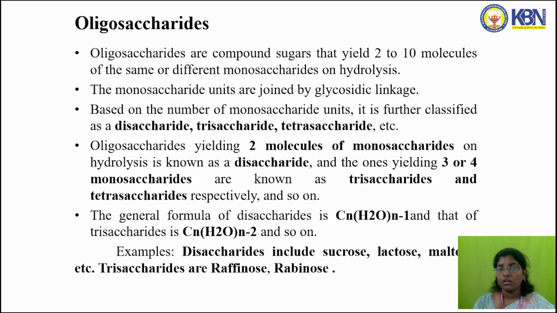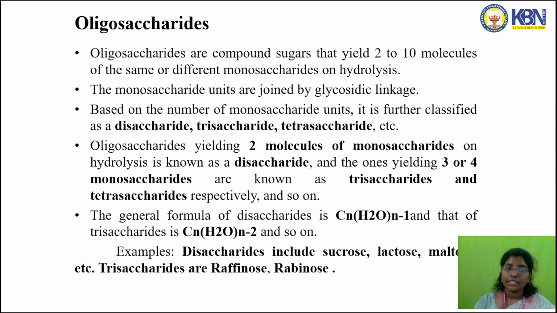Oligosaccharides yield 2 to 10 molecules of sugar, the same or different monosaccharides, on hydrolysis. These oligosaccharides are monosaccharide units which are joined by glycosidic linkages. Based on the number of monosaccharide units, they are further classified into disaccharide, trisaccharide, tetrasaccharide.